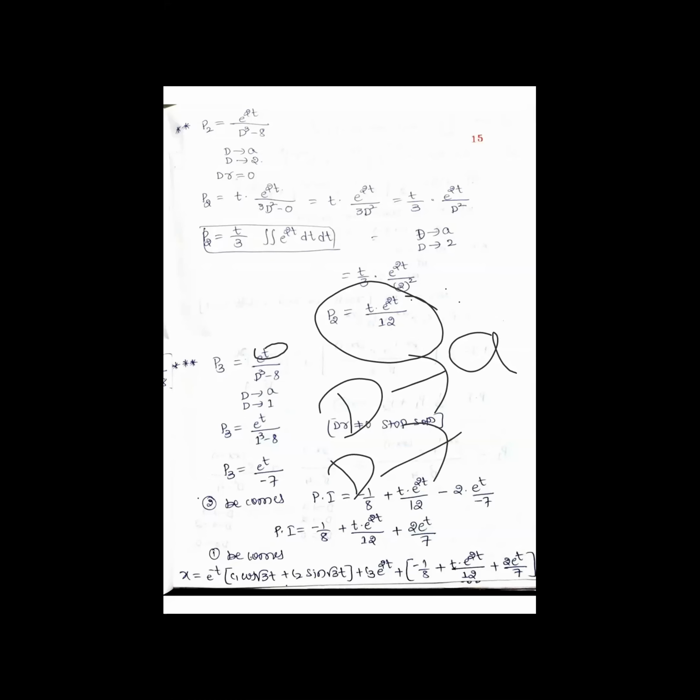So this is the P2. P1 I got, P2 I got. Next I'll go for P3. What is P3 here? E raised to t divided by d cube minus 8. Here again it is exponential function divided by f of d. So d is replaced by a. Here t is there, what is the coefficient? 1.